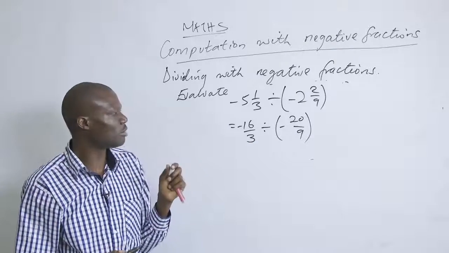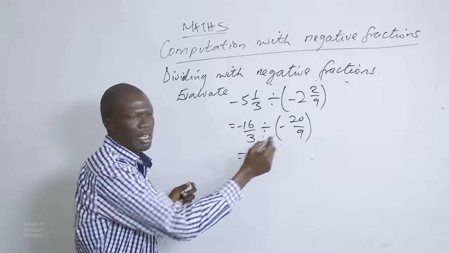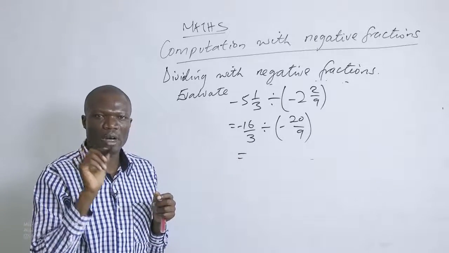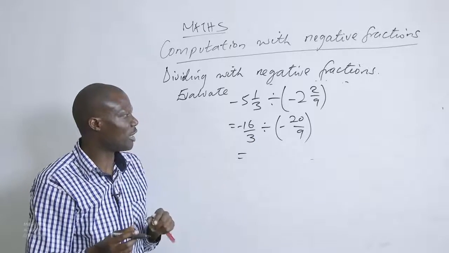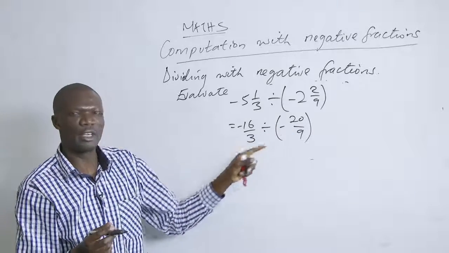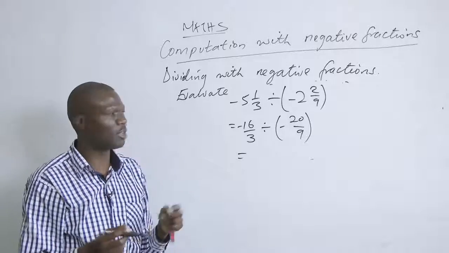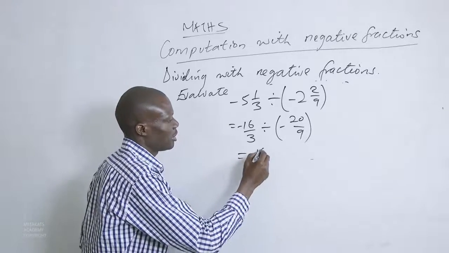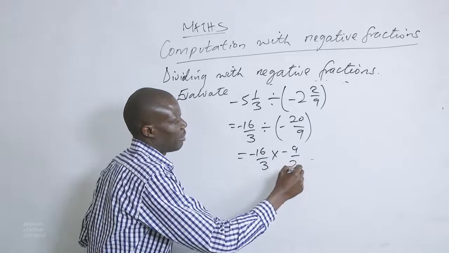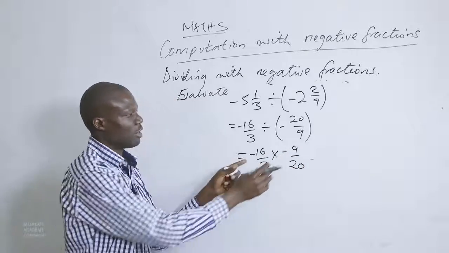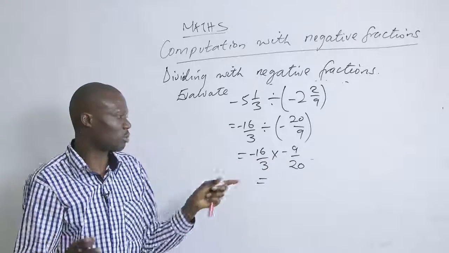They are all negative. But when you are dividing, it is the same as multiplying by its reciprocal. And the reciprocal of 20/9 is, we swap the numerator and the denominator. So this one will be the same as minus 16/3 multiplied by negative 9/20. We know the product of 2 negatives should be positive.